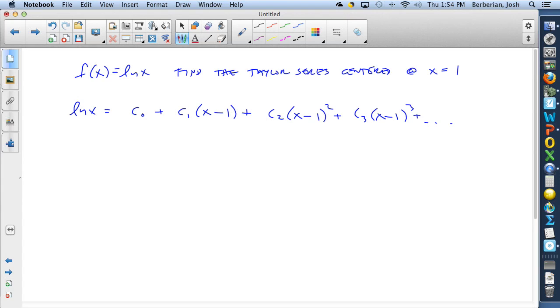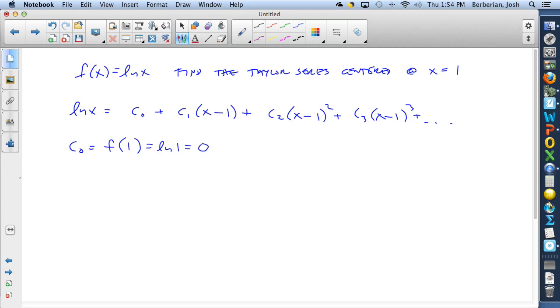All right, so I know that c0 is equal to f of 1, which is the natural log of 1, which is equal to 0. So I know my first term is 0. Why? Because I have memorized what the coefficients are. The coefficients are the nth derivative of f at the point over n factorial.